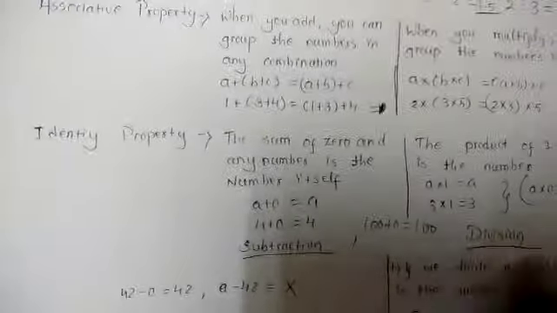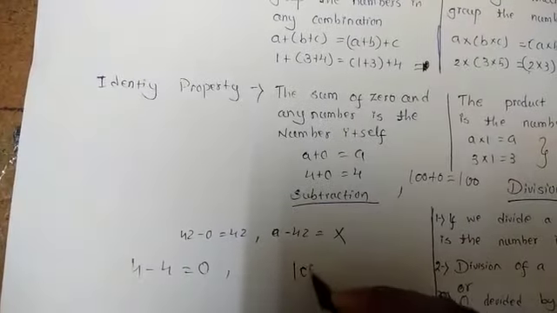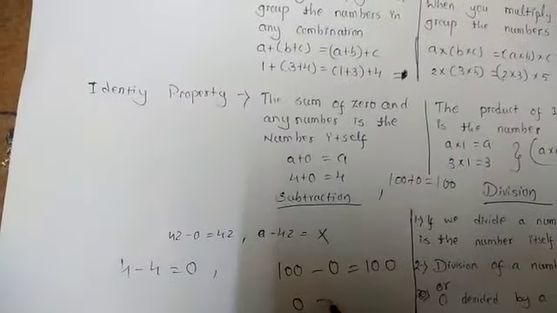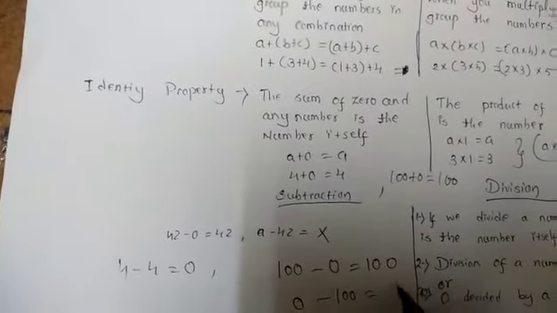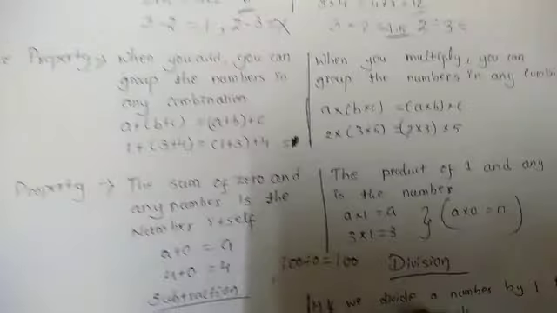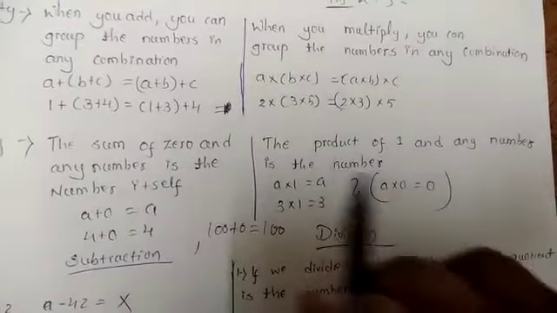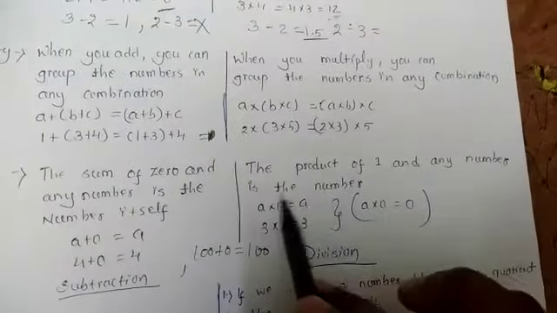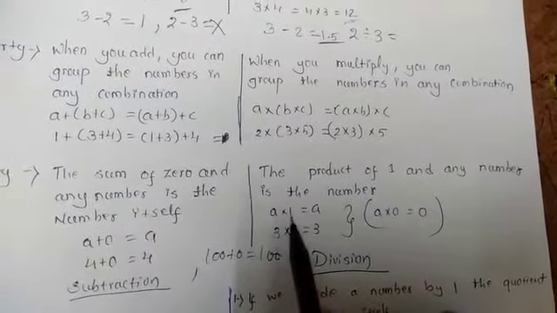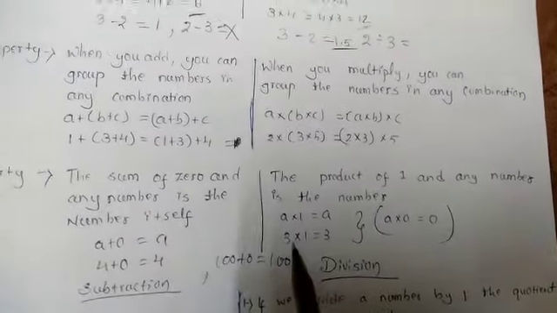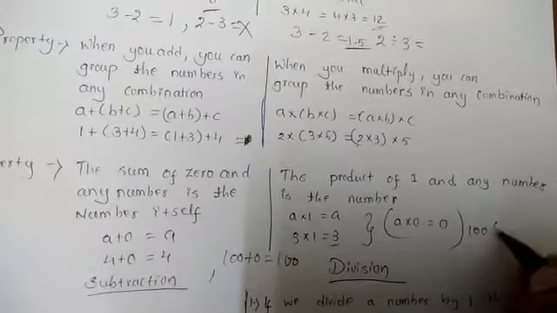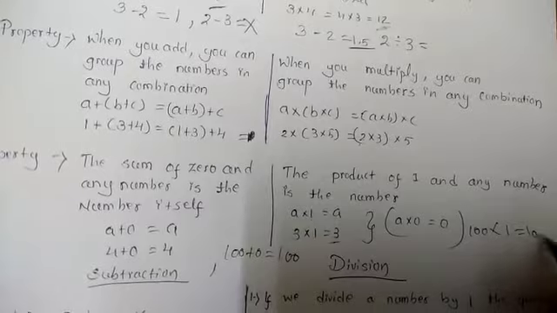In subtraction also, 100 minus 0 is 100, but 0 minus 100 is not possible. Okay, in multiplication, the product of 1 and any number is the number itself. A into 1 is equal to a. 3 multiplied by 1 is 3. If you multiply 100 by 1 also, you will get the same number.